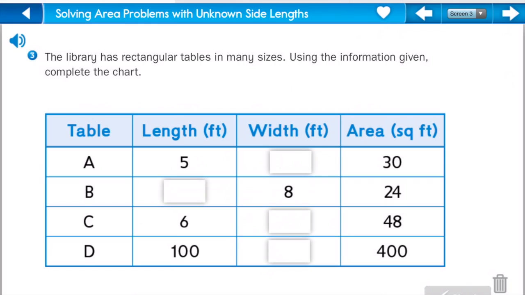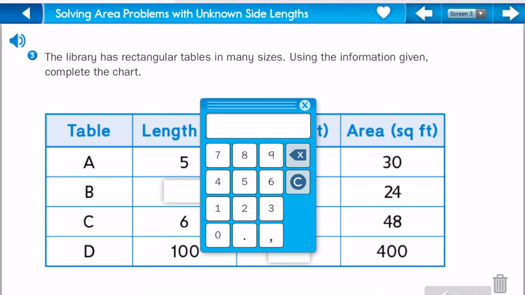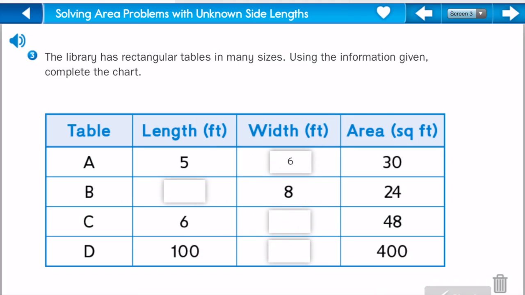What times 5 equals 30? So in my head, I'm going to count my 5s. I'm going to think 5, 10, 15, 20, 25, 30. And so I counted 6 times to get to 30, so that I know the width of this is 6. So I know that that's my answer.